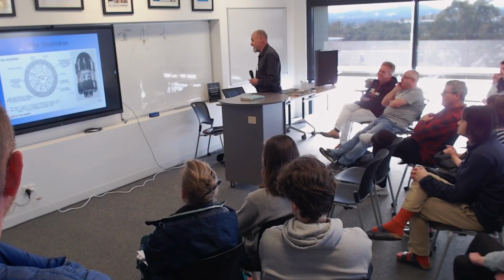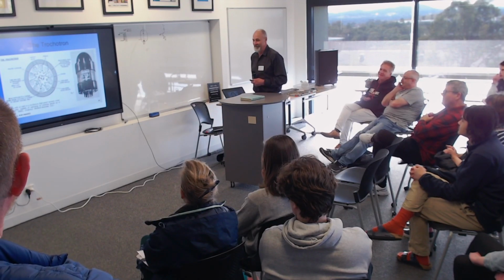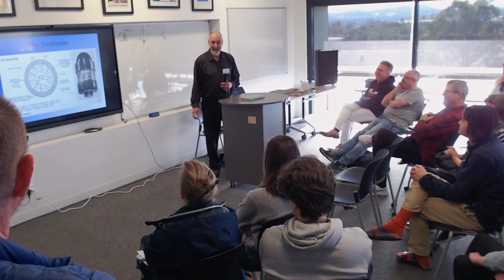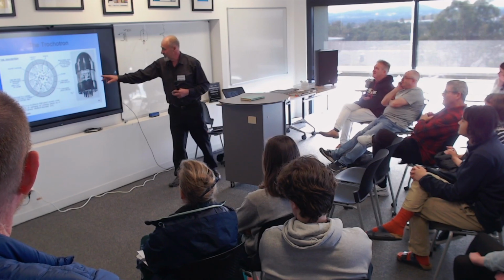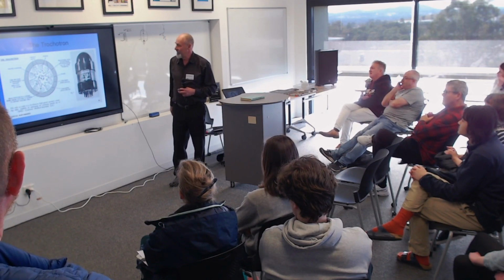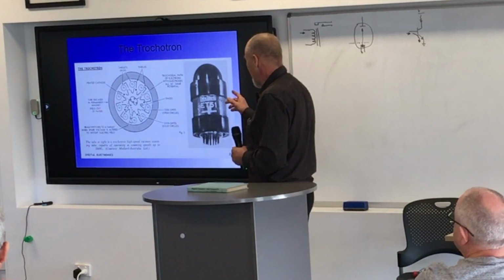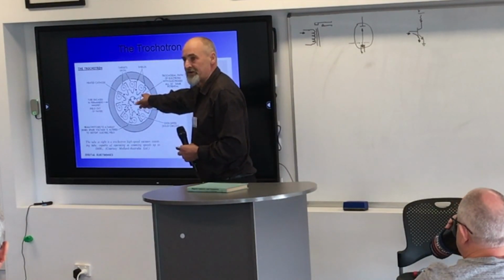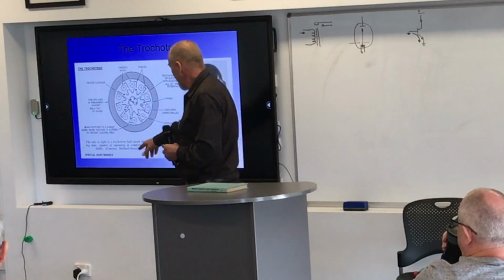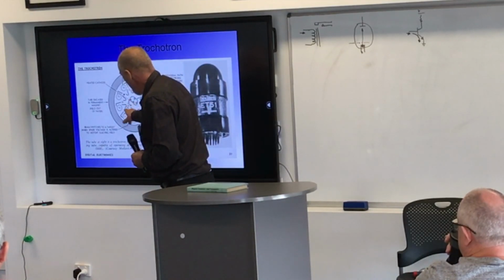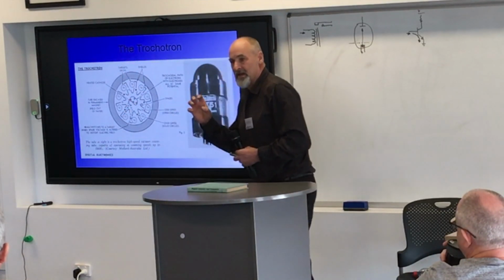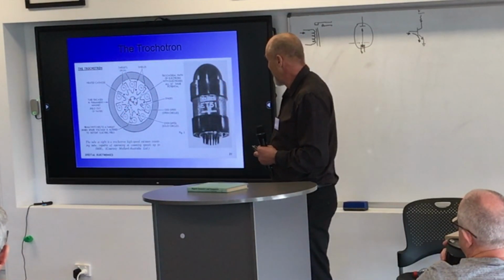So the Trochotron, what a great name. This is an Australian-made vacuum tube. It uses a vacuum in here instead of a partial pressure and no ionising gases. So now we've got a stream of electrons as the actual storage element.